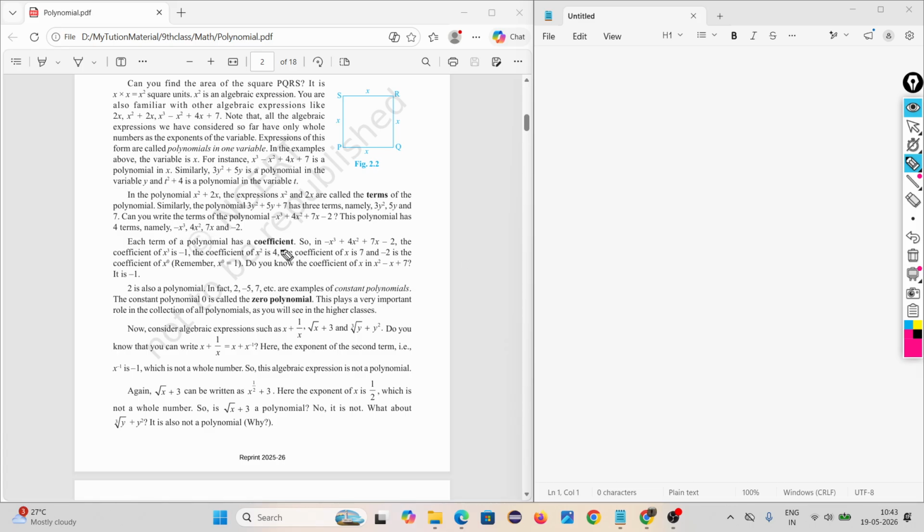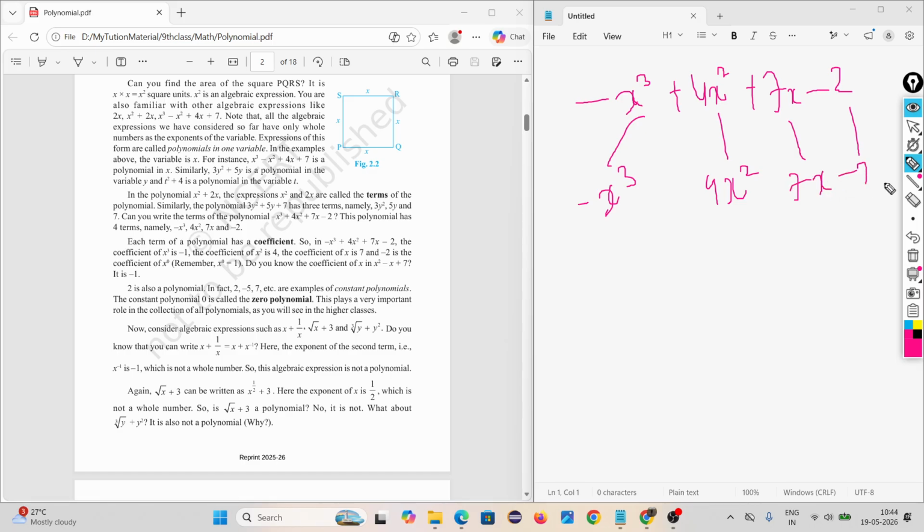Each term of a polynomial has a coefficient. Suppose I'm taking minus x cube plus 4x square plus 7x minus 2. Coefficient is nothing but the constant number that multiplies with the variable. How many terms are there? 4: one is minus x cube, one is 4x square, one is 7x, one is minus 2.